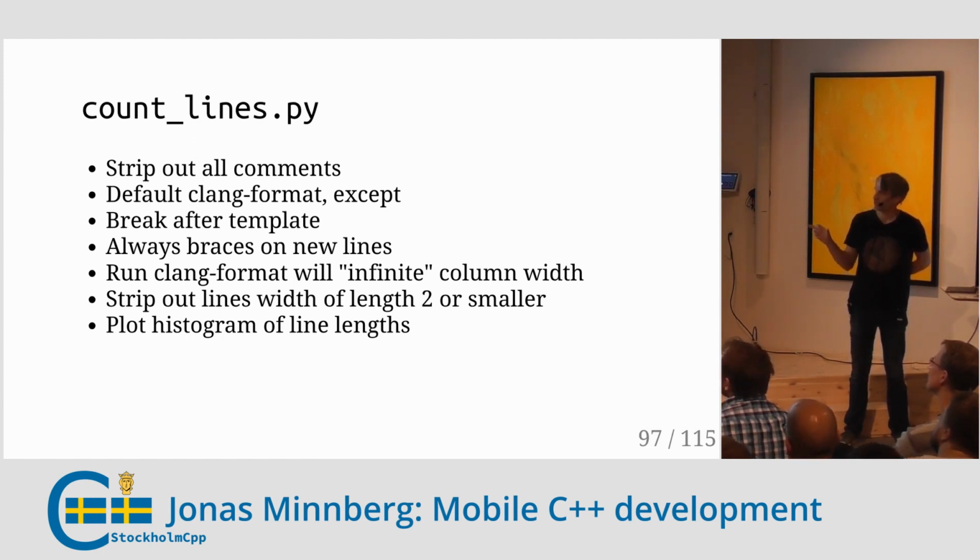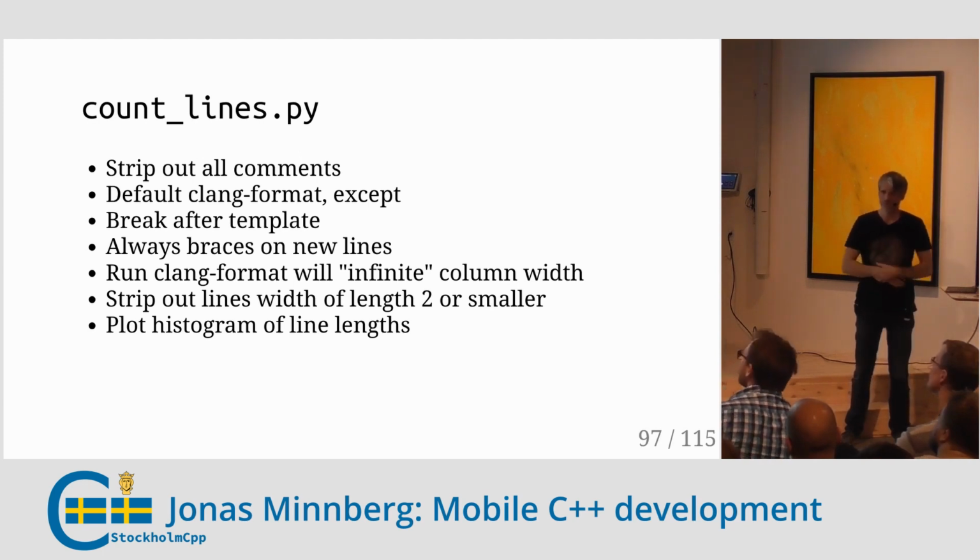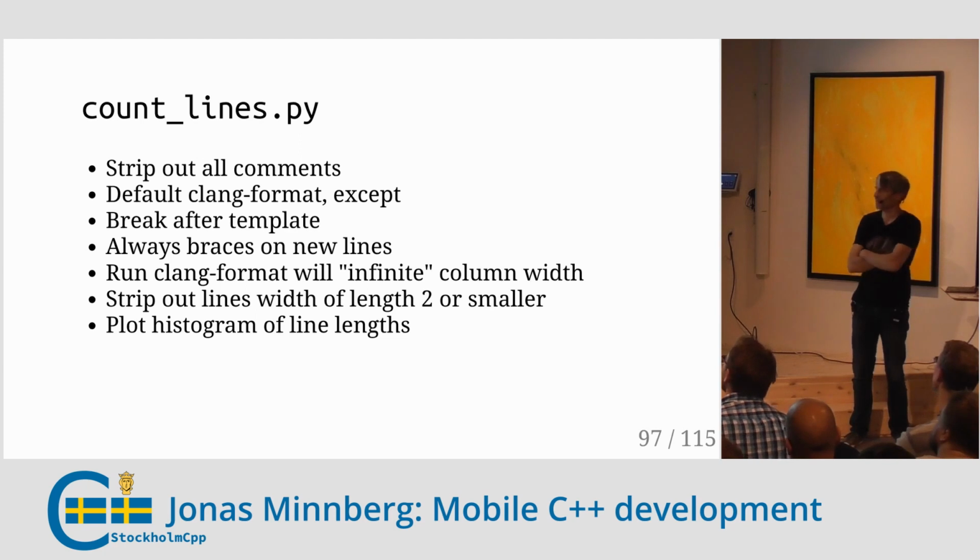You run it through Clang format with an infinite line length, and then you plot a histogram. Then you will see whether there is a good cutoff point. Because you don't want to put the cutoff point too far to the right, you're going to have a lot of empty space, which is pointless. And you don't want too short lines, because then you will have to break many lines and it becomes hard to read. I'm not even considering the fact that many people say you should have short lines because it's more readable.